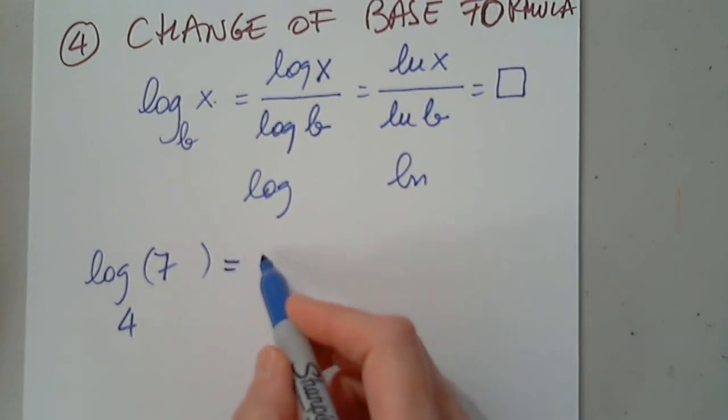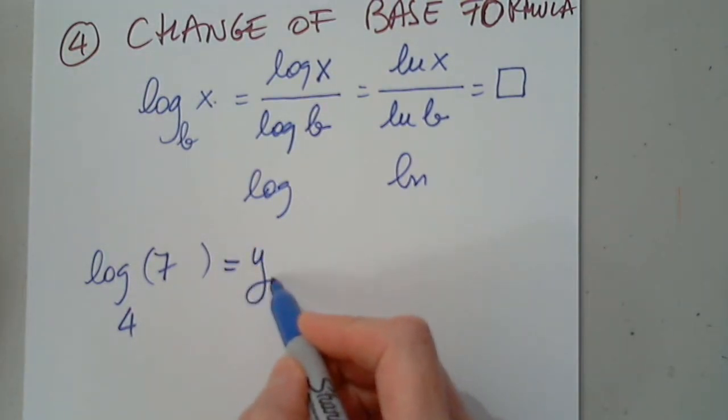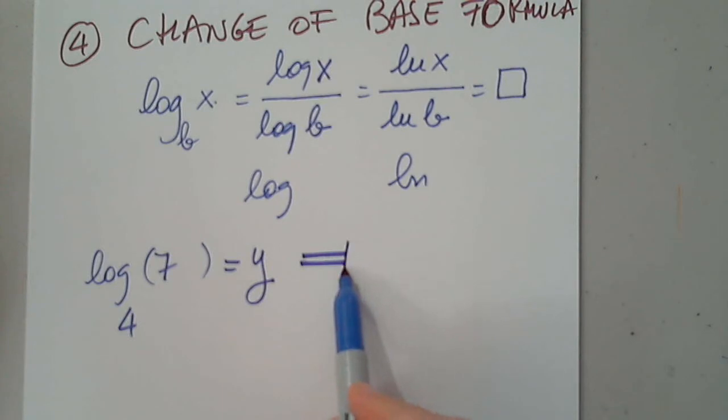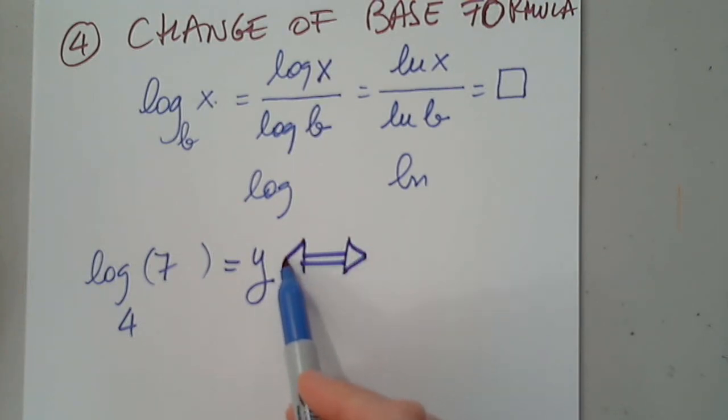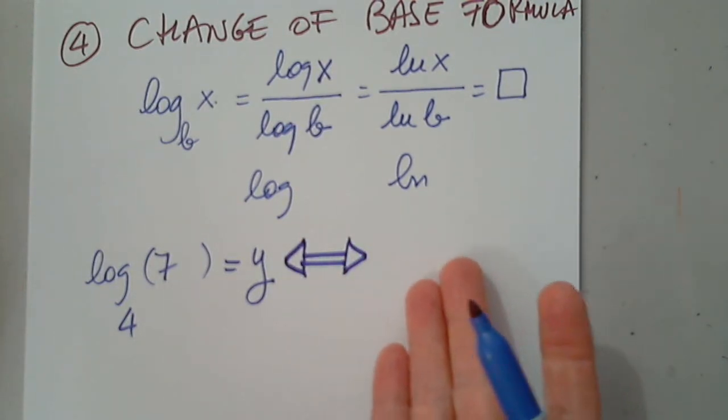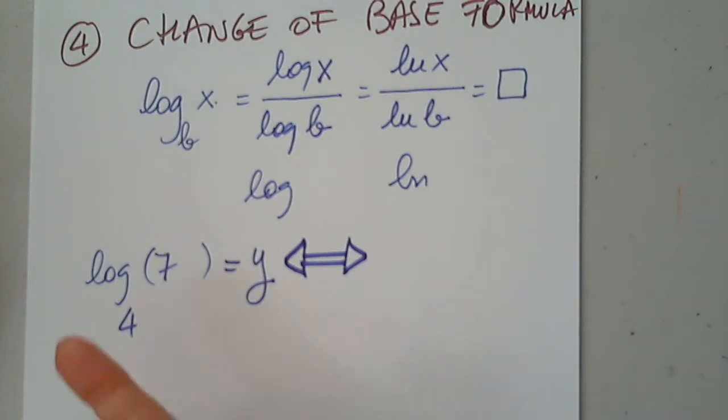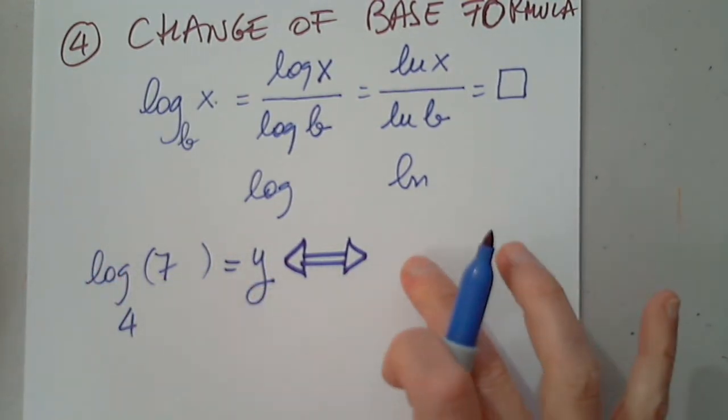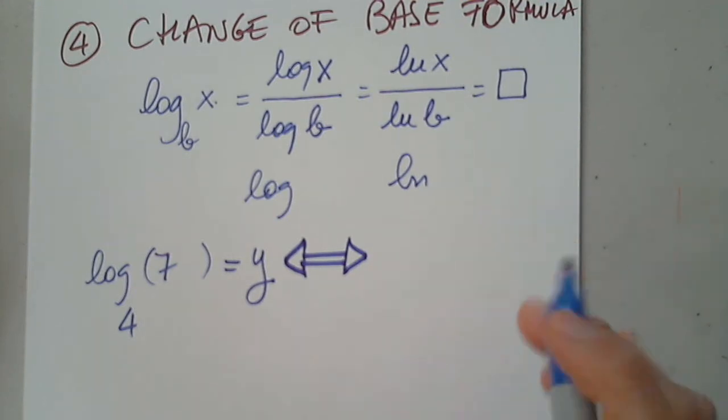So we know that this is a number. By the most important property here, can anyone give us the exponential equation for log base 4 of 7 equals something? How do I write the exponential equation?